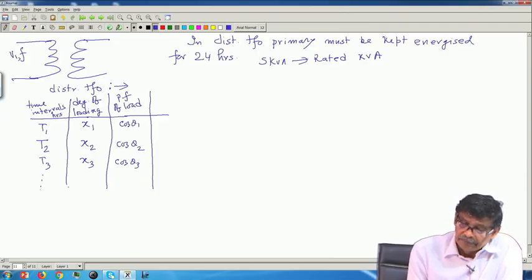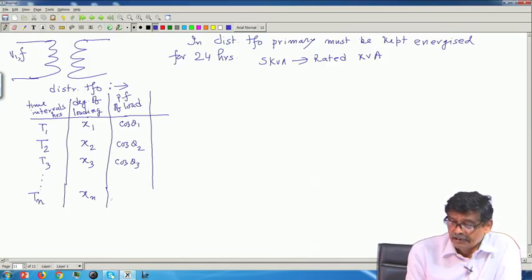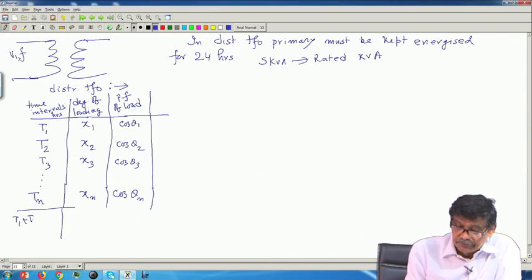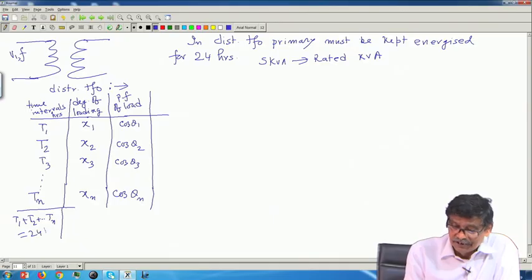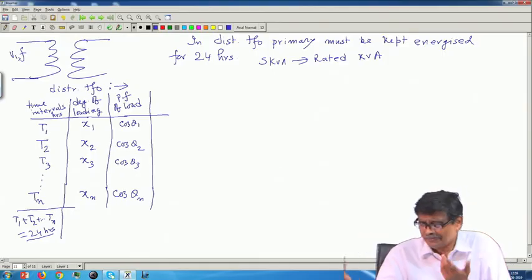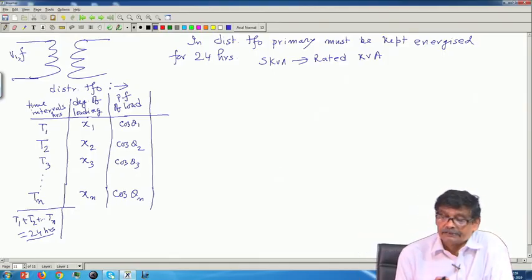In this way, for the last Tn hours, xn is the degree of loading and cosine theta n is the power factor. The sum T1 plus T2 plus up to Tn is 24 hours, a complete day, for example first 6 hours, next 12 hours, next 6 hours. This will be the thing.